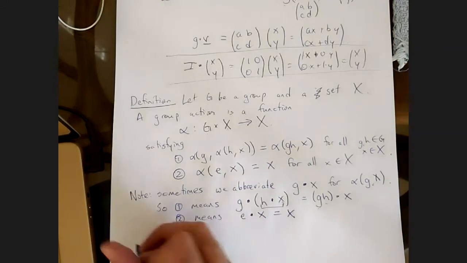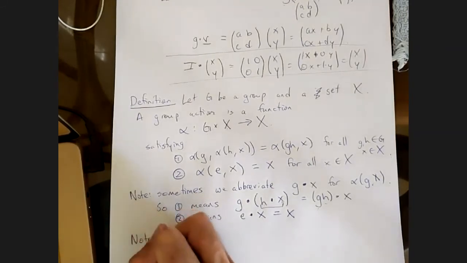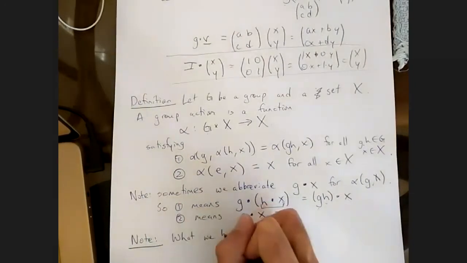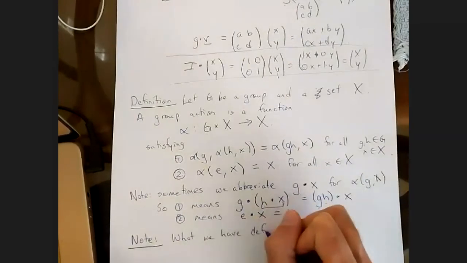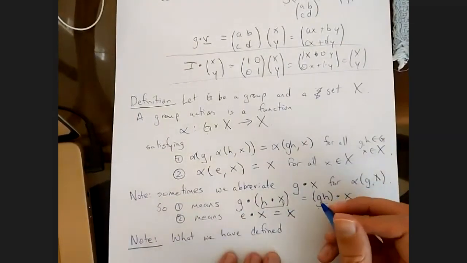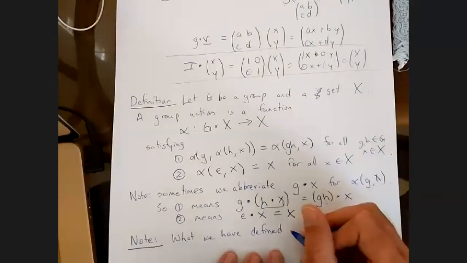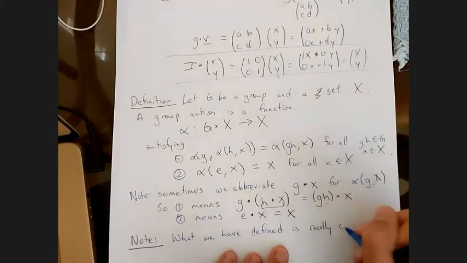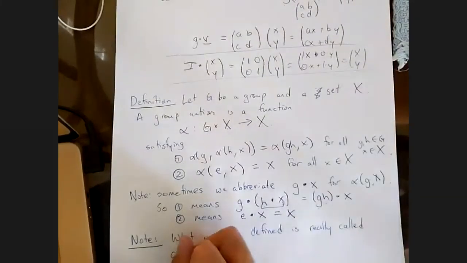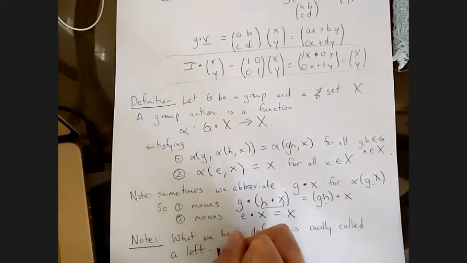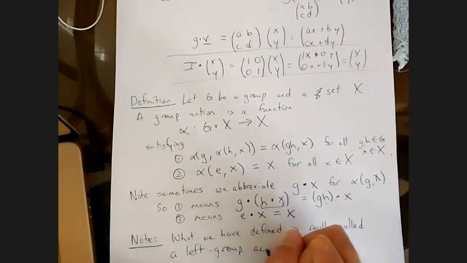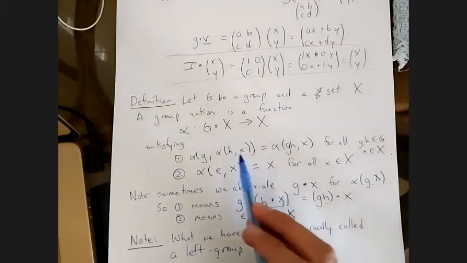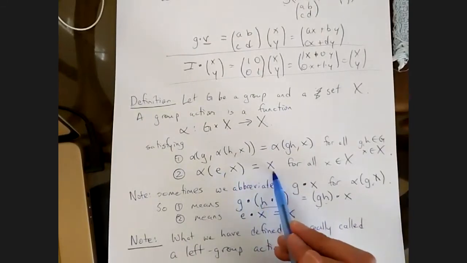Okay, and also let me make another note. What we have defined as group action is really a left group action. Meaning that when G acts on X, it's like GX.